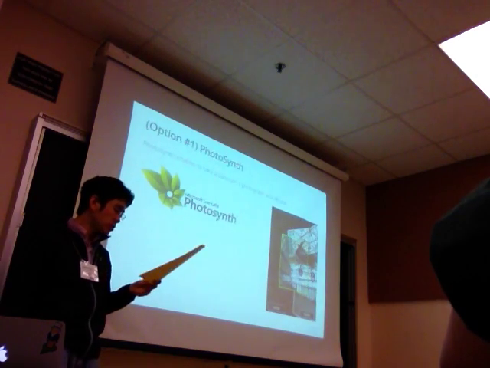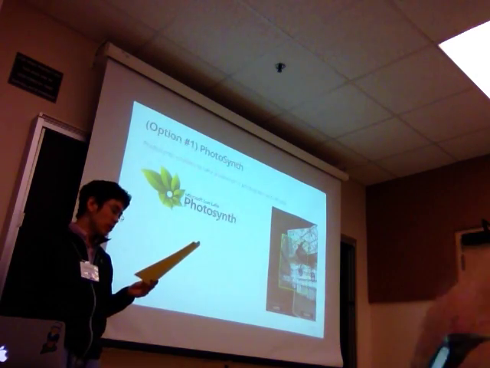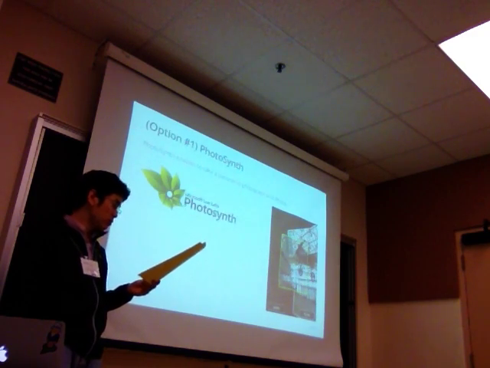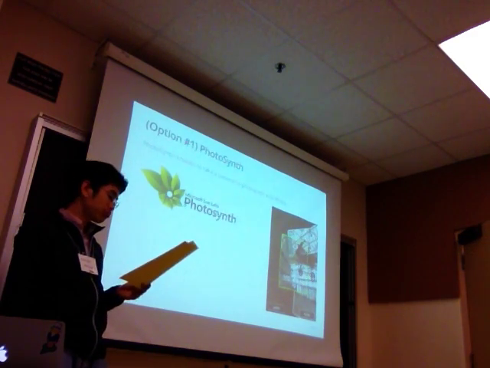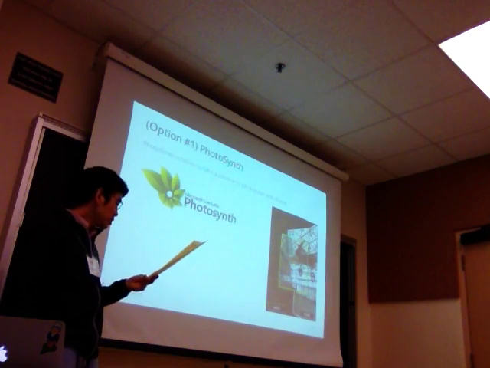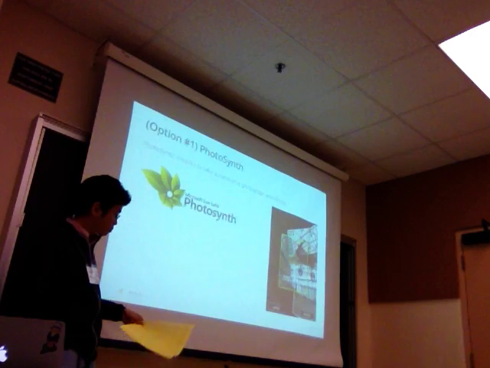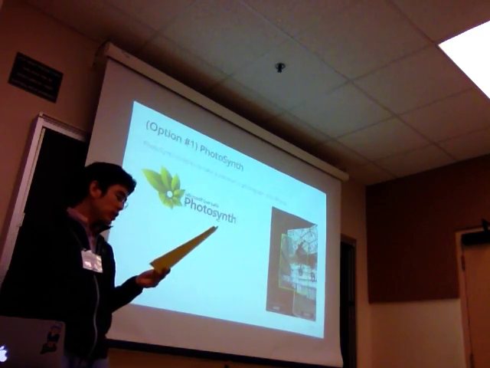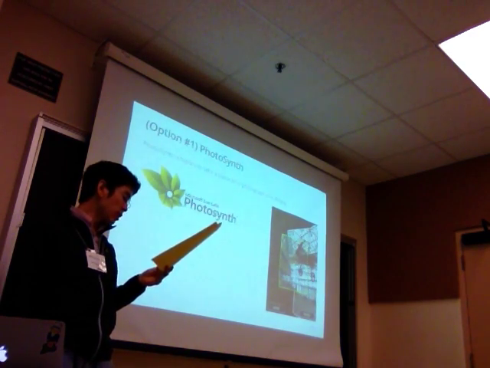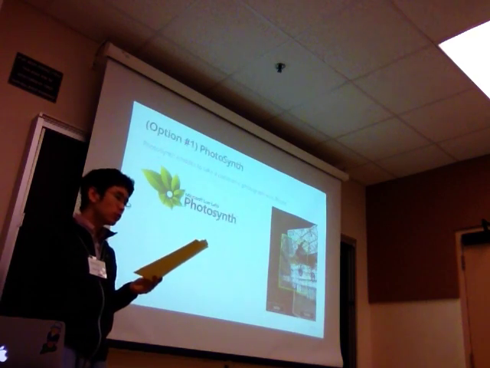Let me take a moment to introduce you to a couple of options that are available for possible use. One is the software called Photosynth. It enables you to create a panorama using your iPhone.